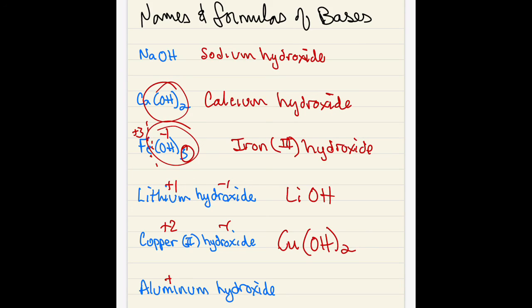Cu(OH)2. Aluminum hydroxide, you'll recall aluminum has a charge of +3, hydroxides -1. We're going to need 3 hydroxides, Al(OH)3. So that pretty much wraps it up for the names and formulas for acids and bases. Pretty quick tour of this, but there we have it. So hopefully this will do you some good.